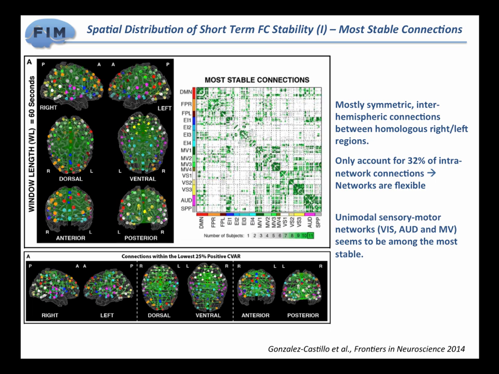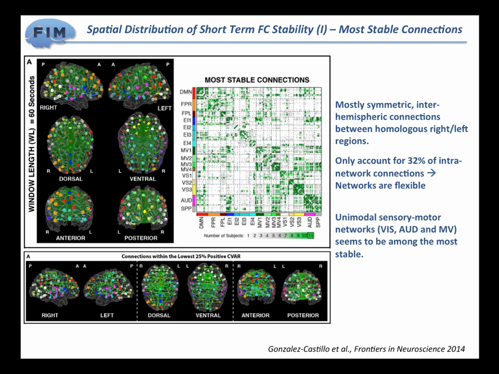Here in our lab, one of the first things that we decided to do was to go a little bit deeper into trying to understand whether the variability has some spatial structure and whether that structure tells us something about the brain or agrees with what we know already. We decided to look at the variability across these 1 hour scans that I showed you before and try to look for which were the most stable connections and the most variable connections, and we only talk about those most stable and most variable if that was a finding that was consistent across all the subjects that entered this study.